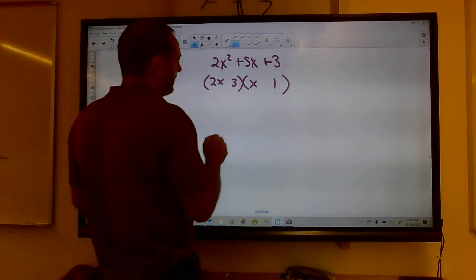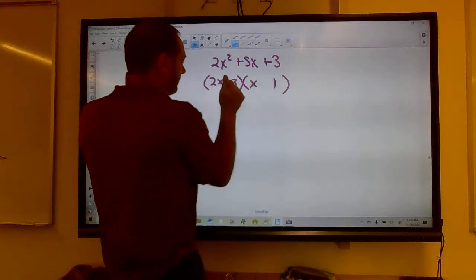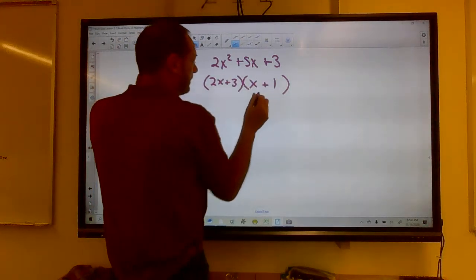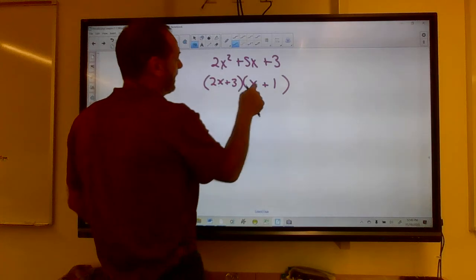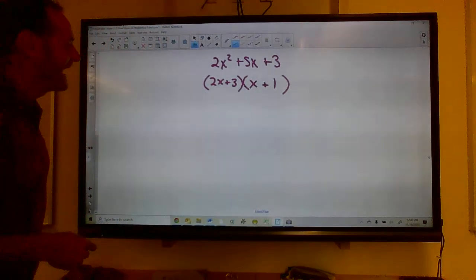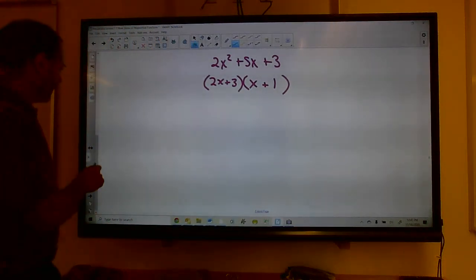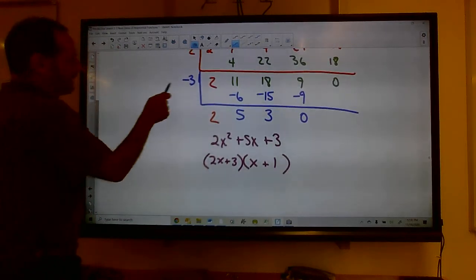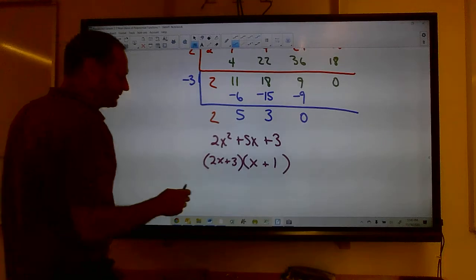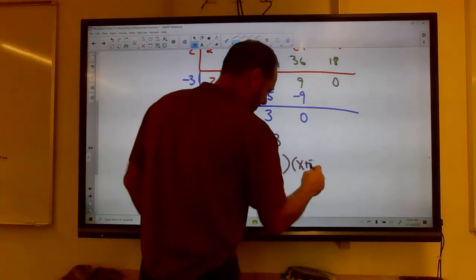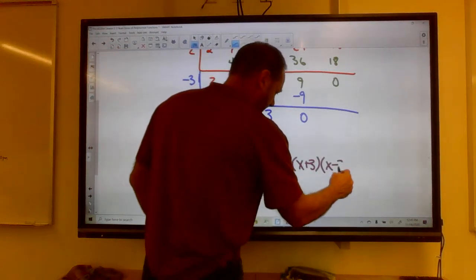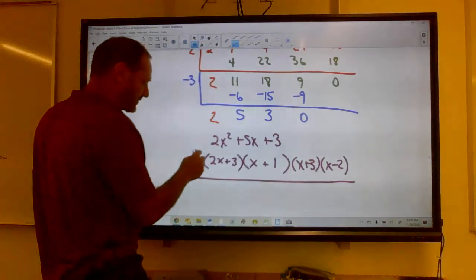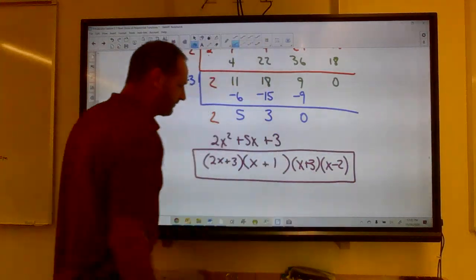Okay, so then it would be 3 plus 2. So both of these are plus. There we go. And now a positive times a positive is a positive. So this is factored. So there are my last two factors. I've already got two other factors, x plus 3 and x minus 2. And so I've factored this as far as it will go.